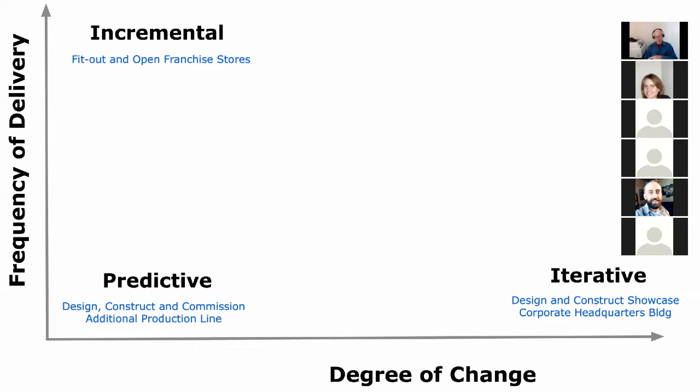And then in the lower right, we have our iterative. So for example, here, maybe we're developing a new corporate headquarters building, and in their head, they're picturing this beautiful Class A glass and steel office space, large enough for 12,000 employees. And they want it to be a real showcase statement of their corporate identity and so forth.